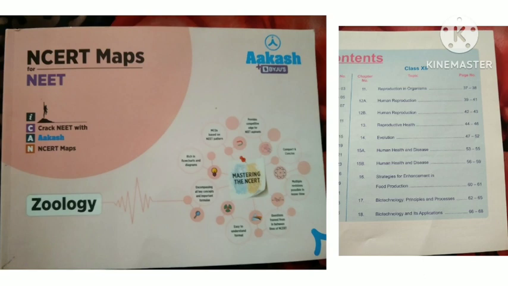MTP: intentional or voluntary termination of pregnancy before full term. Reusable. Do not protect from STIs. Used by females only. MTP was legalized in India in 1971. When can MTP be performed? Saheli was developed at CDRI, Lucknow, Uttar Pradesh.